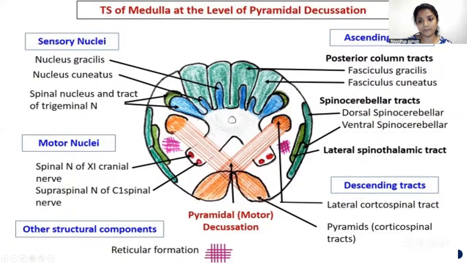As the name indicates, the corticospinal tract, as I had already told, comes from the cerebral cortex.